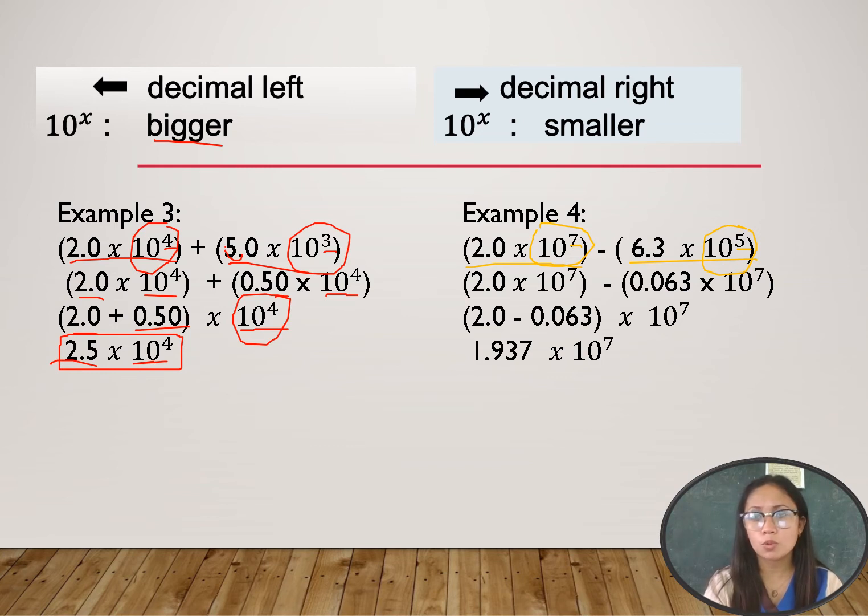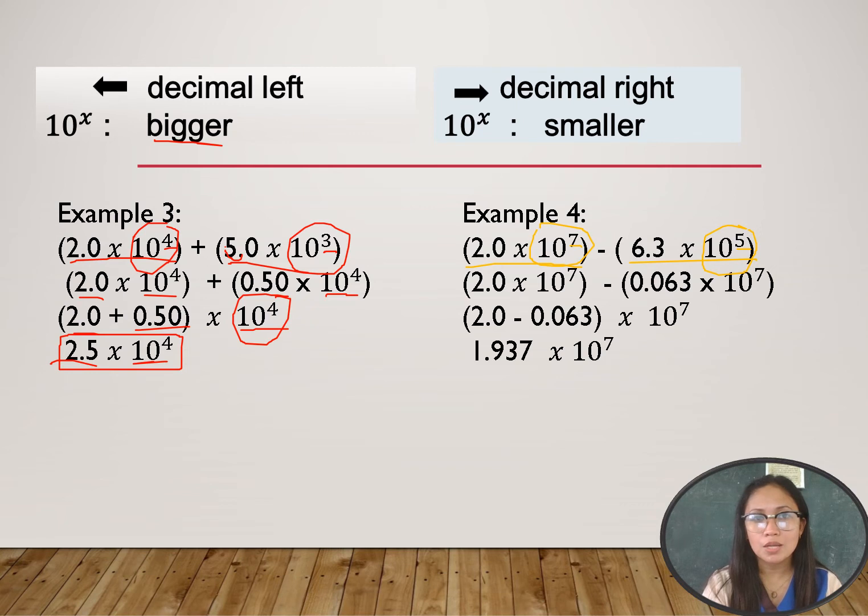As what I have told you, when we move the decimal point to the left or to the right, that will change the power of 10. So for our example, we'll choose the second scientific notation, 6.3 times 10 to the power of 5. So we need to increase this power, which is 5.